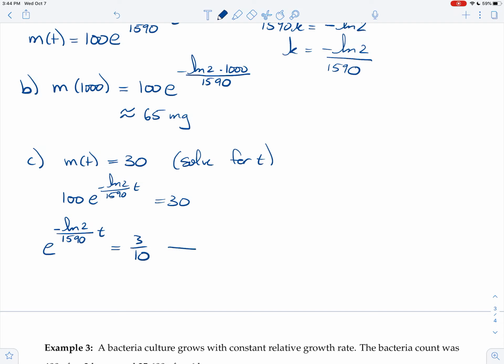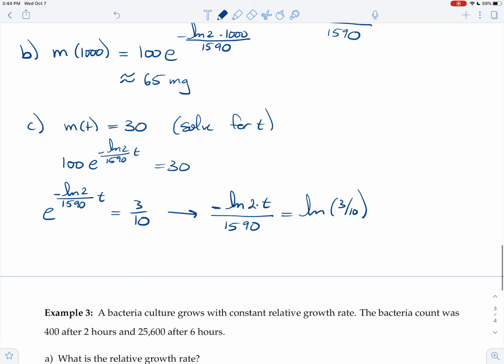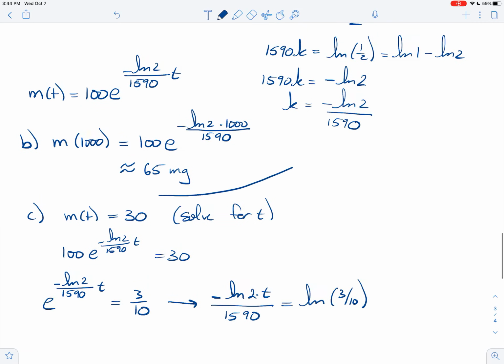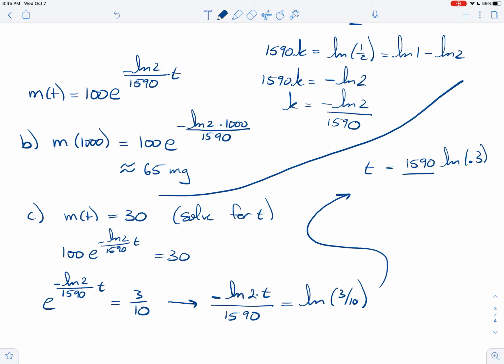And so I take the natural log of both sides. On this side I get minus ln of 2 times t over 1590 equals ln of 3/10, or just 0.3. When I solve for t, I get 1590 ln of 0.3 over, that's negative actually, we'll put a negative upstairs, and then over ln of 2.